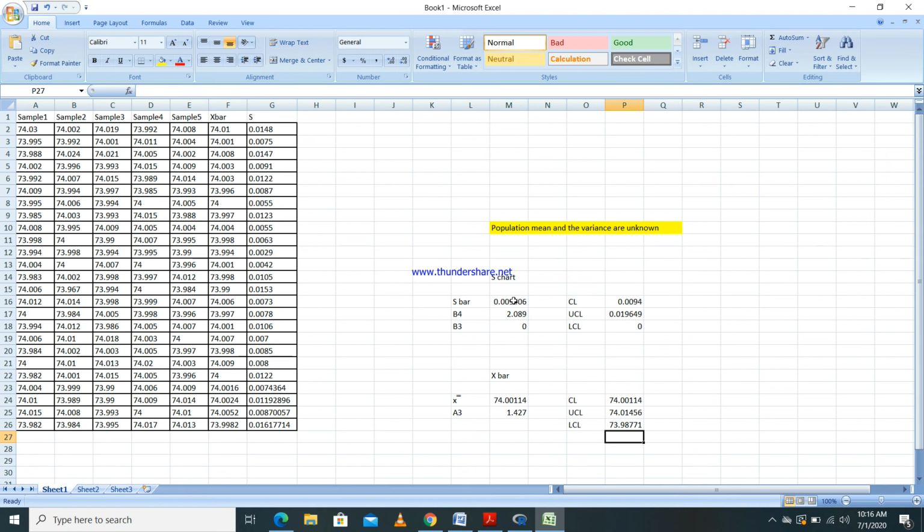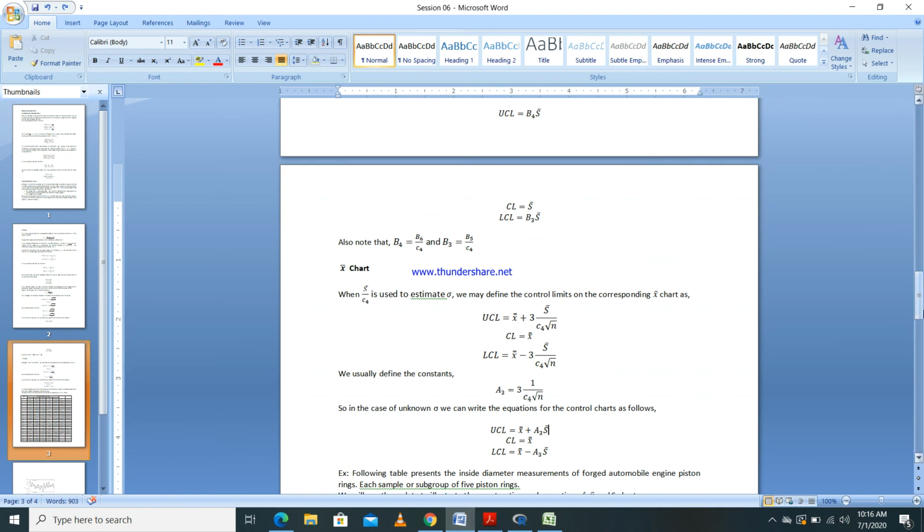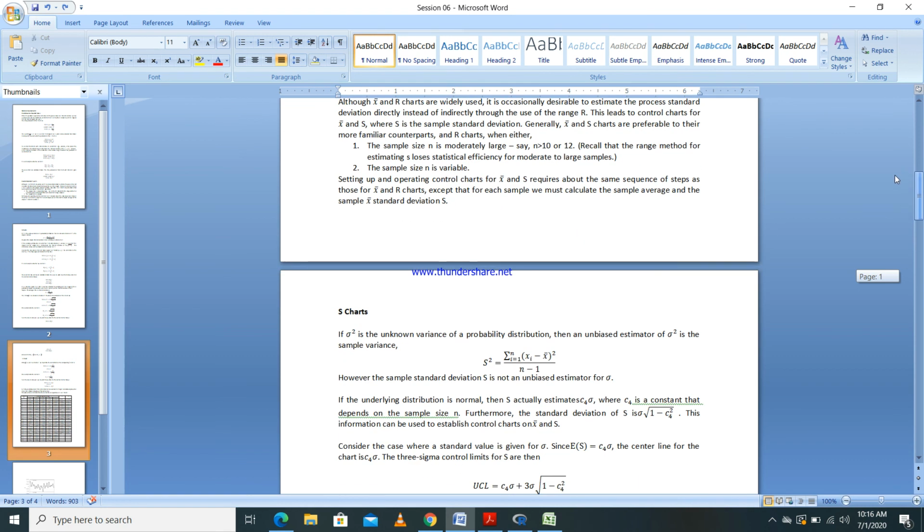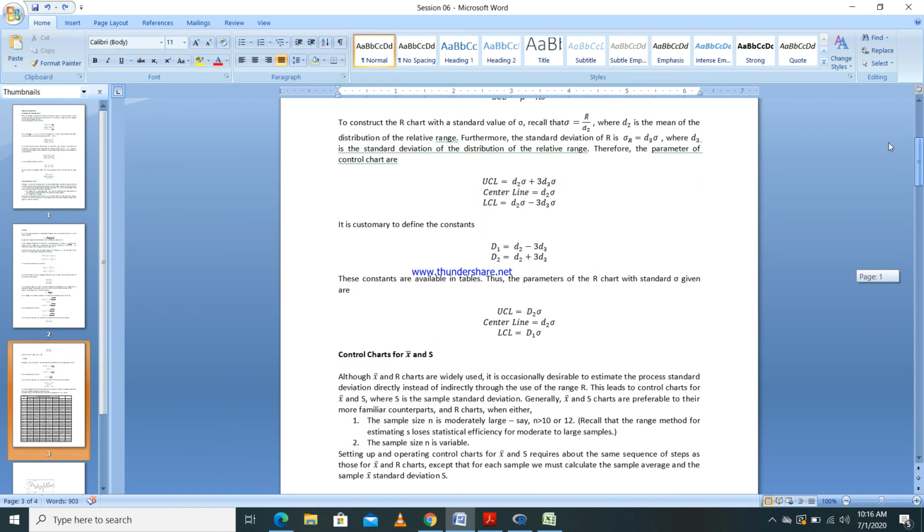Same thing you have to do when you are constructing the R chart as well. So let's have a look at the equations of the R chart as well.